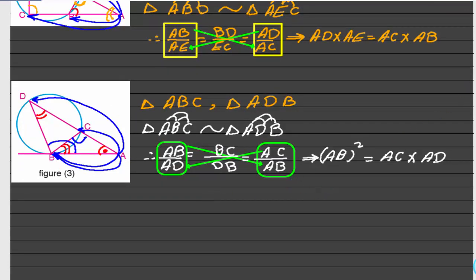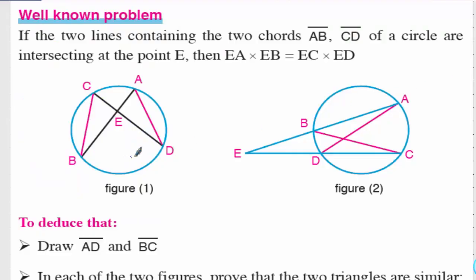Okay, let us go to the second page. Here we have this rule again, and we call it a well-known problem.